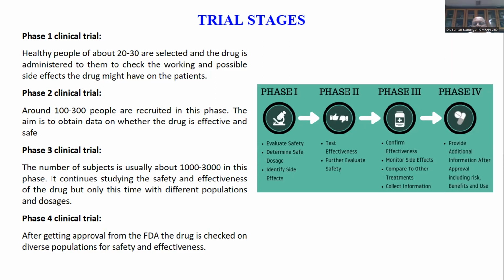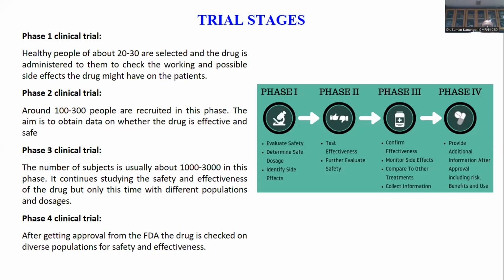In phase 1 you usually evaluate safety, safe dosing schedule, and identify side effects. In phase 2, basically effectiveness, and further evaluate safety. Phase 3 is basically divided into 3A and 3B, efficacy and effectiveness. Phase 4 usually provides additional information after approval, on risks, benefits, and uses, like post-marketing surveillance, PMS. Here the drug is in the market, it has been given to millions of the population, and now we want to see how many side effects we get.